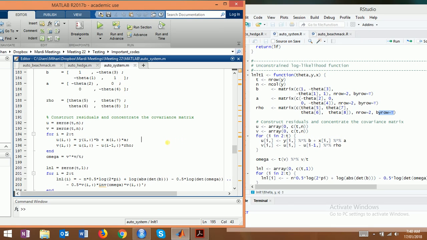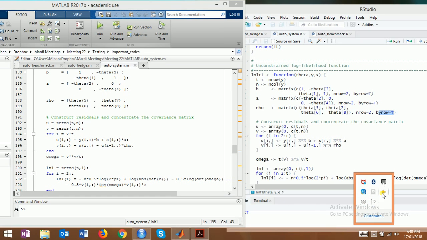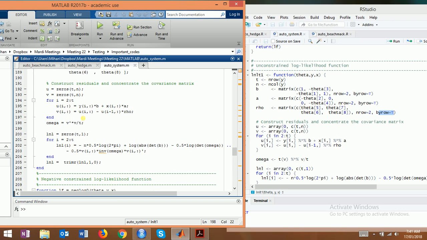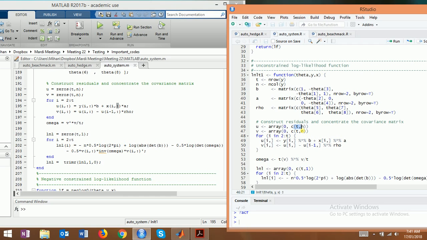Now we need to construct the residual and concentrate out the covariance matrix. So to construct the residual, first we need to put the zeros, we need to create residual arrays. So u equals zeros T by N, v zeros T by N, and in R we do it by running a function called array of zeros, combining T rows and N columns.